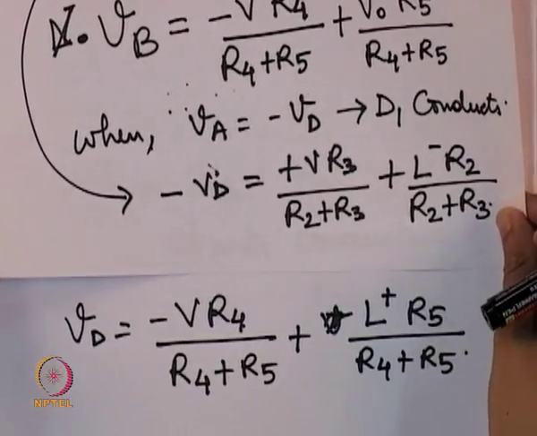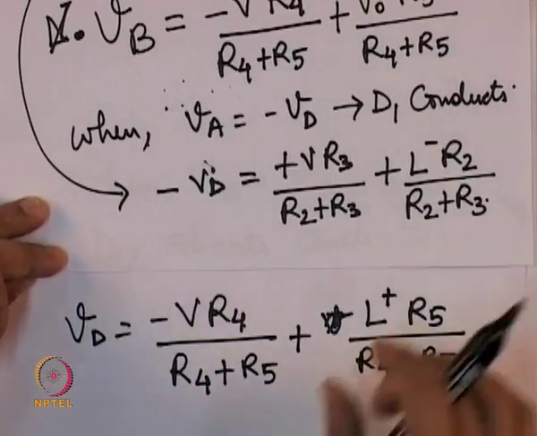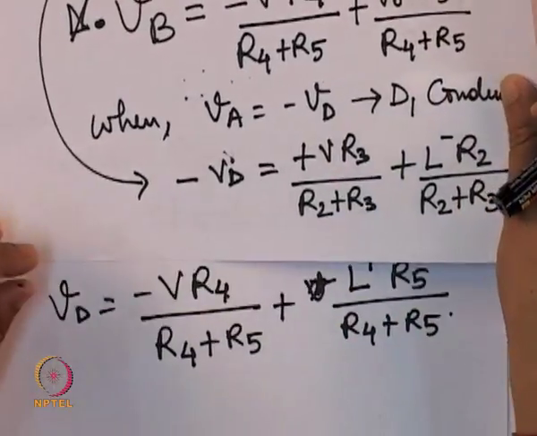So, we have these two expressions for finding out L plus and L minus, and the values of L plus and L minus that we obtain are as follows.